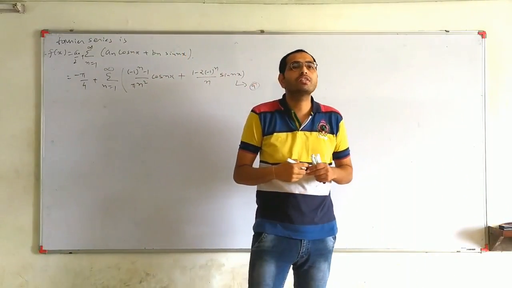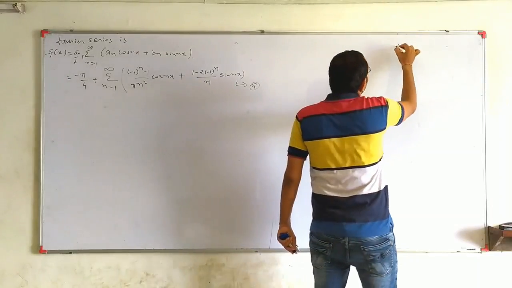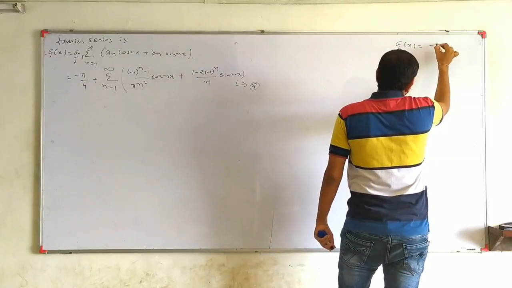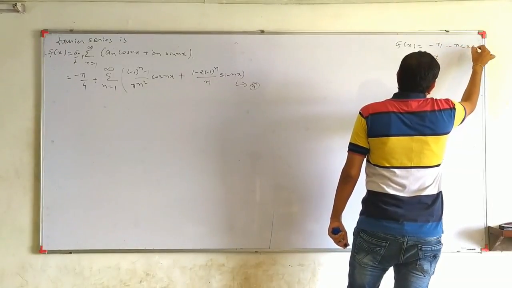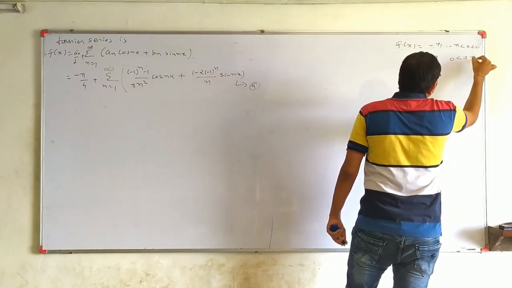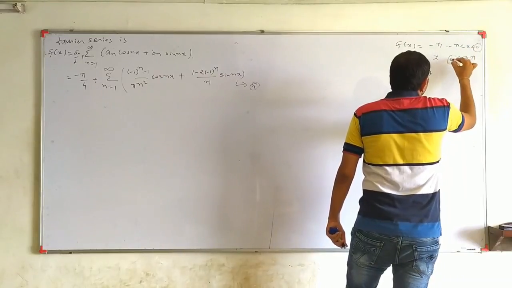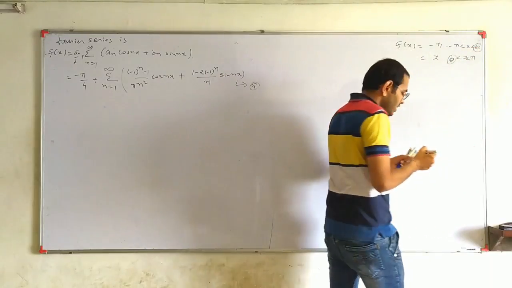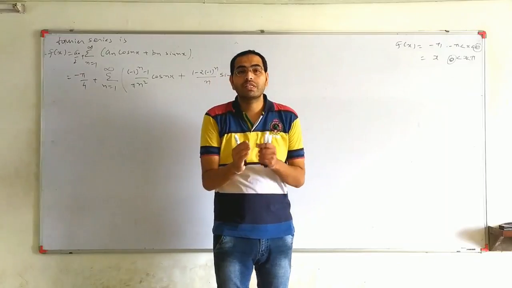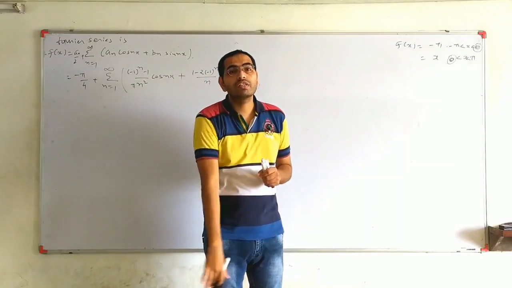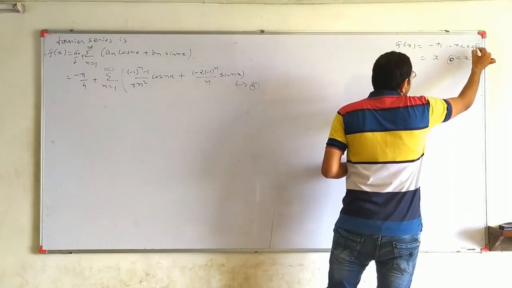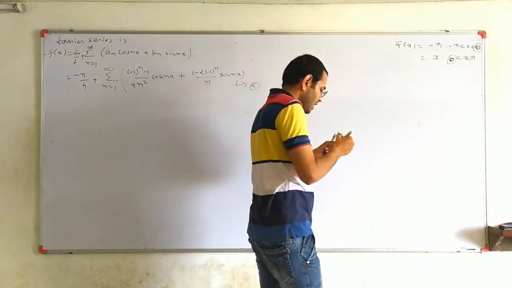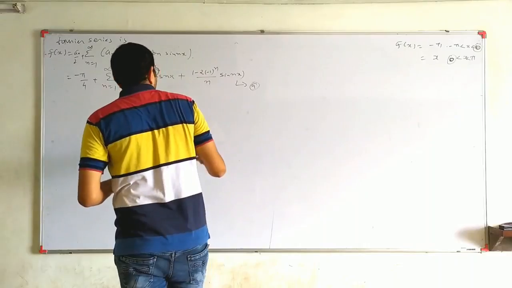That position is 0, because our function is minus pi for x in minus pi less than x less than 0, and x for 0 less than x less than pi. Means at this 0 position the value of the function is changed, the state of the function is changed. So we can say that our function is discontinuous at position 0.